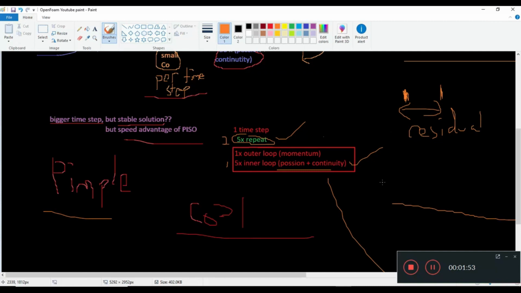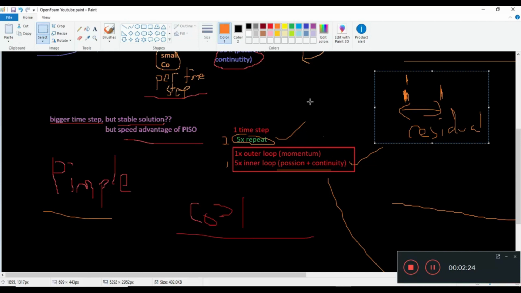If your nth guess is a certain number and the n plus 1 guess is relatively close, you have a small residual and you can say you have more or less converged. If the nth and n plus 1 iterations are very far apart even after many iterations, it has not converged, or it's a diverging case.